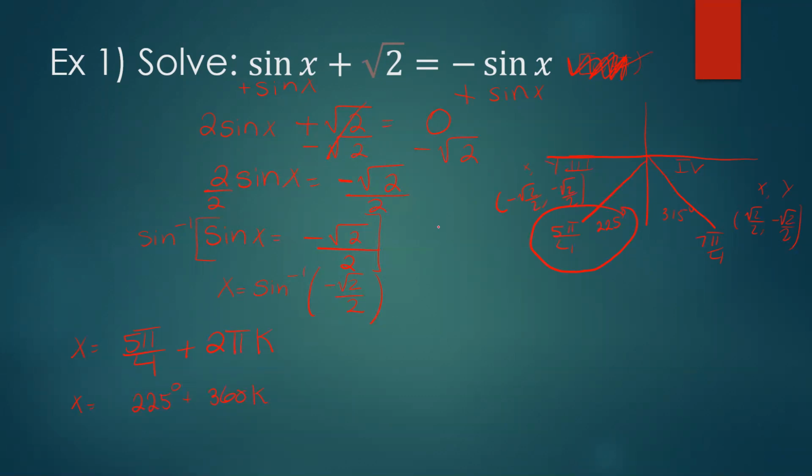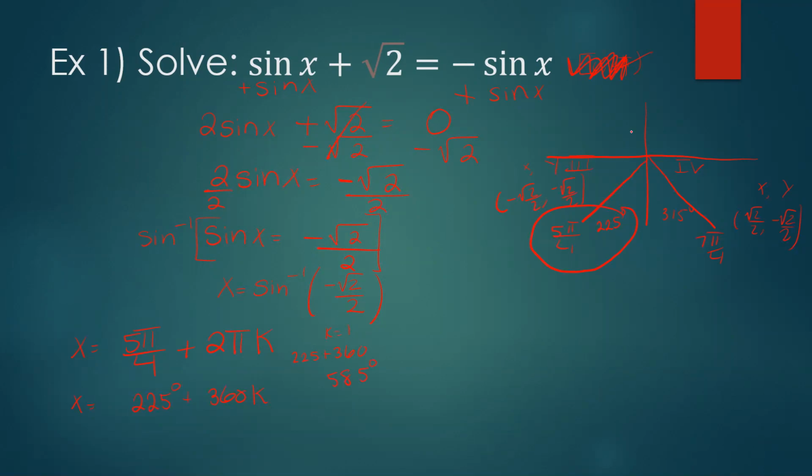Let's say k represents how many times you're going around the unit circle. So if k equals 1, that would be 225 plus 360, which is 585 degrees.